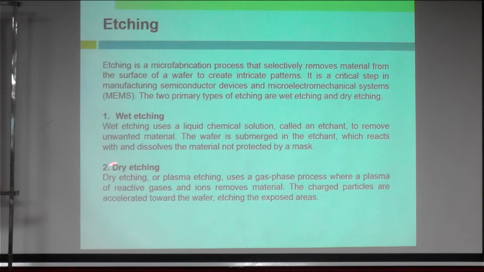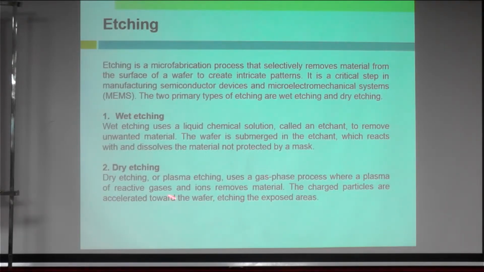And what is dry etching? Dry etching, or plasma etching, uses a gas phase process where a plasma of reactive gases and ions removes materials. So you use gas ions to remove the material. The charged particles are accelerated towards the wafer, etching the exposed areas.